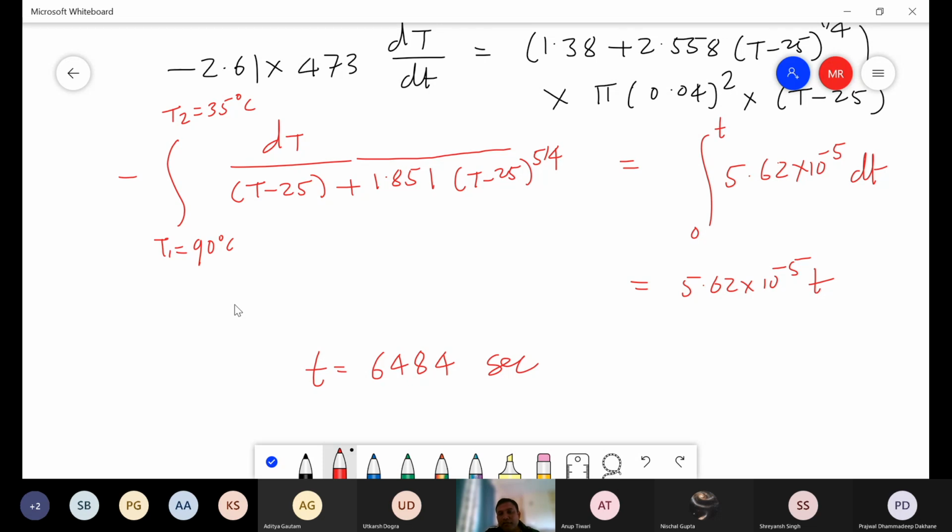Does it make sense to everyone? So if you solve the same problem, assuming that both the regimes, natural convection as well as forced convection, are present, your mathematics is going to become complicated.